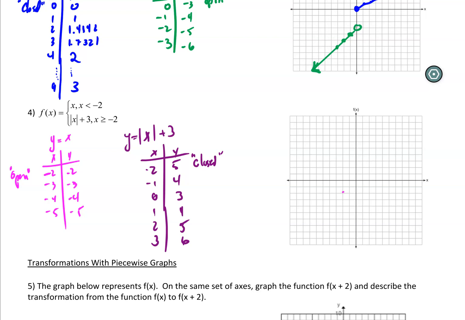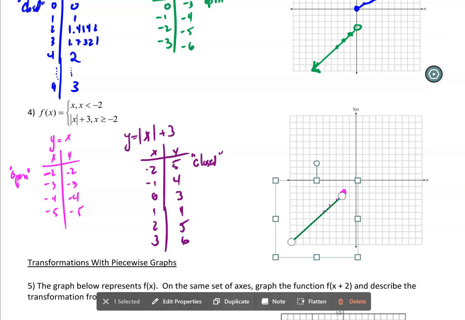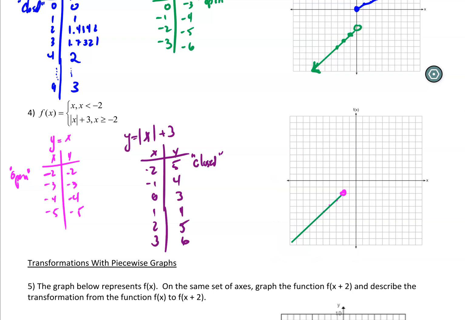-2, -2, open circle. -3, -3, -4, -4, -5, -5, so on and so forth. I'm going to do this one again in green since I don't have a pink line here. When you're graphing, do be diligent and as accurate as possible.